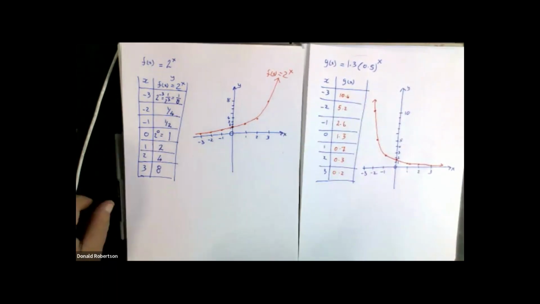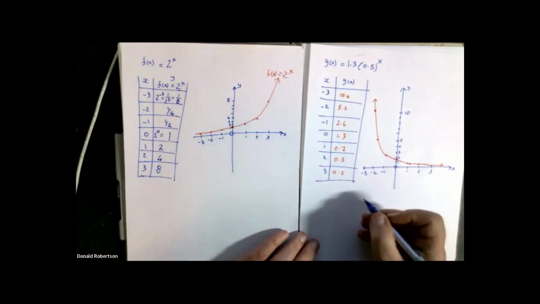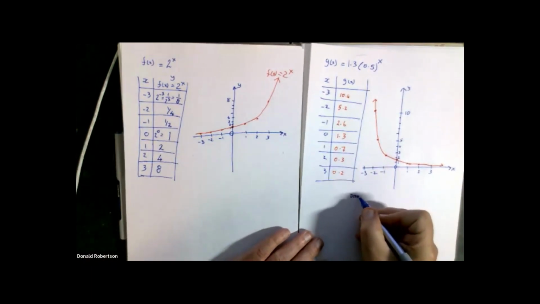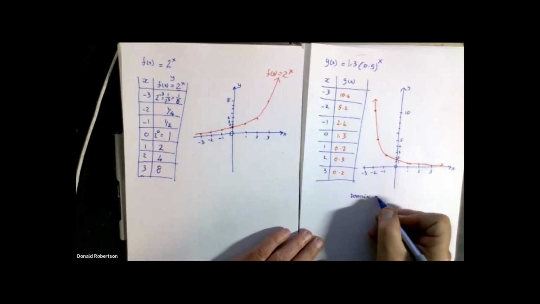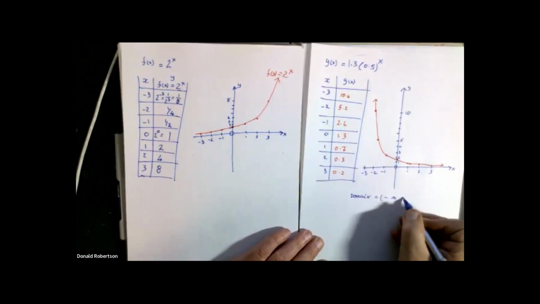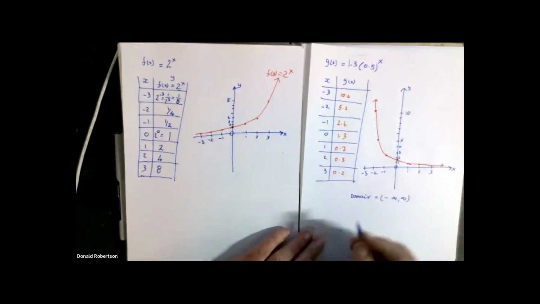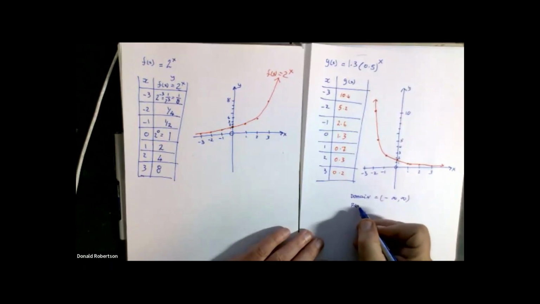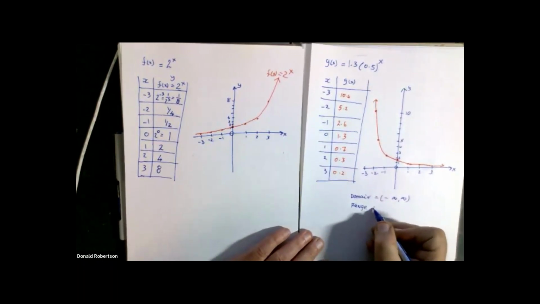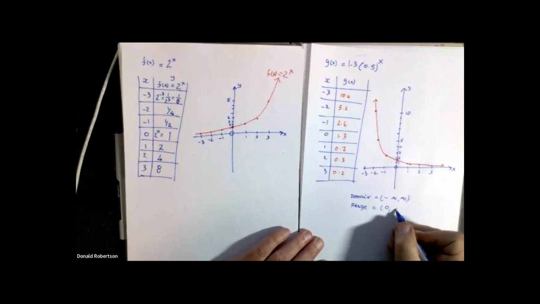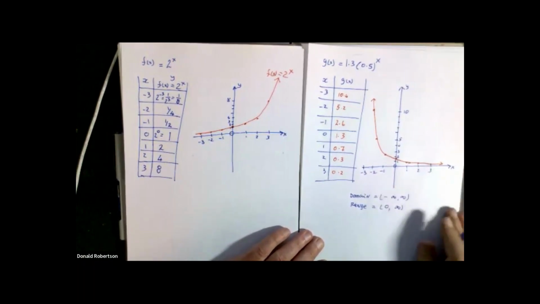And in this case, you might be asked what the domain is. And if you were, I hope you would realize that it is all real values. The range, well, in this case, the range is still 0 to infinity, but you never get to 0.